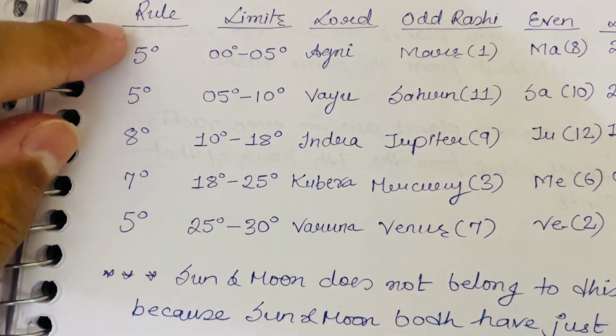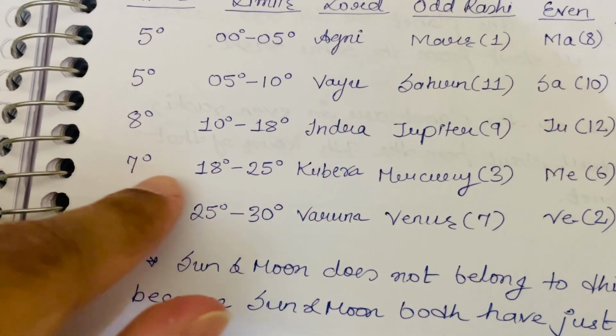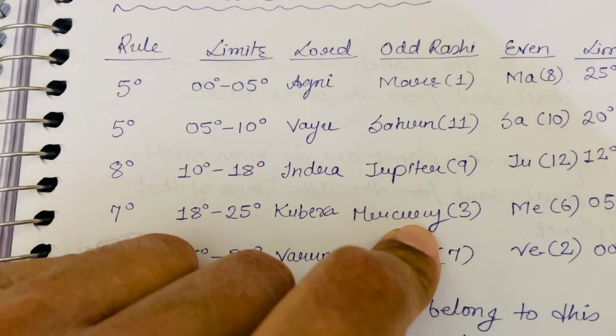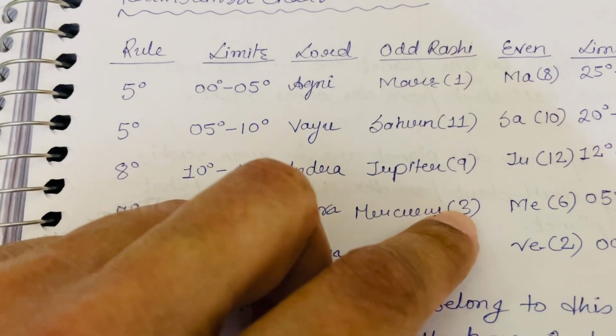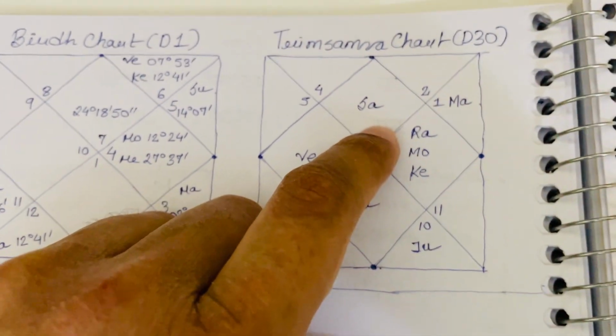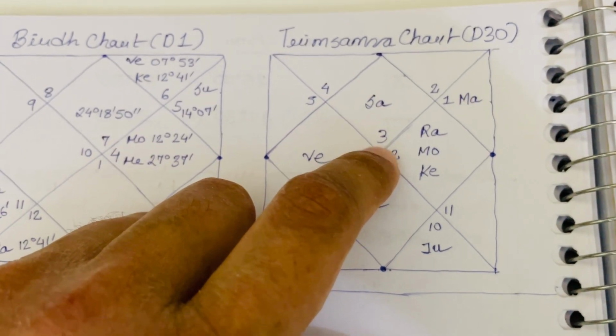It falls in this particular Trimsamsa limit, and it is ruled by the planet Mercury and the sign is Gemini, right? Simple thing. So the Lord of the first house in the Trimsamsa chart is Gemini.